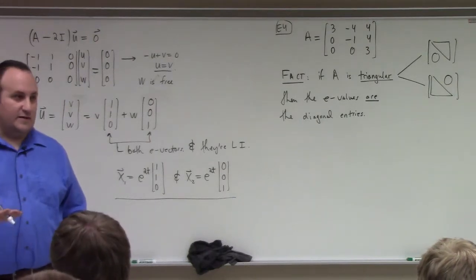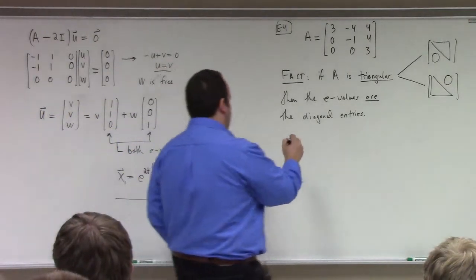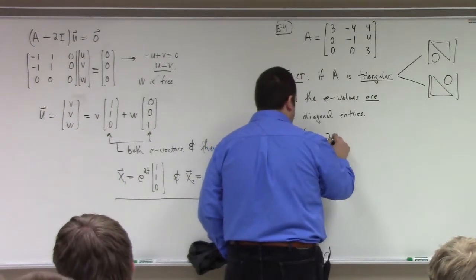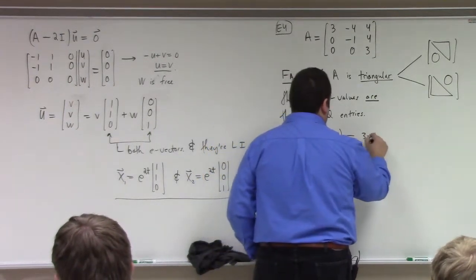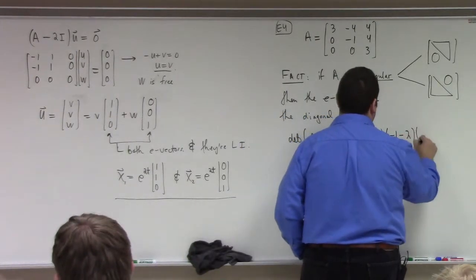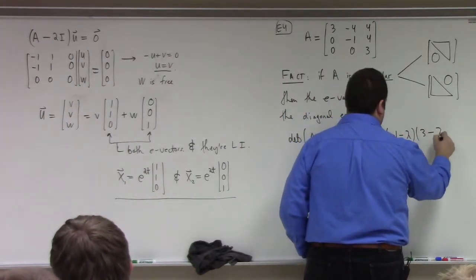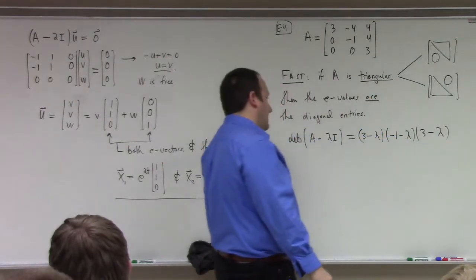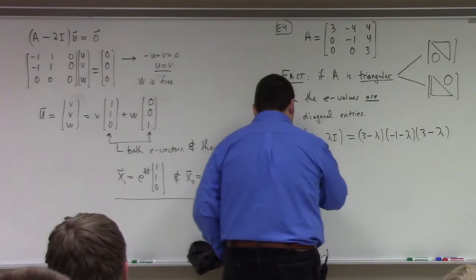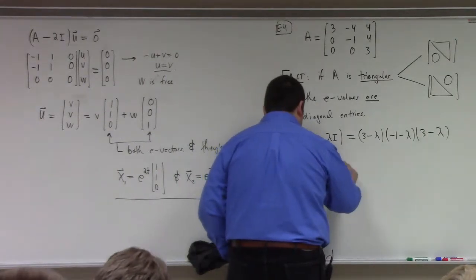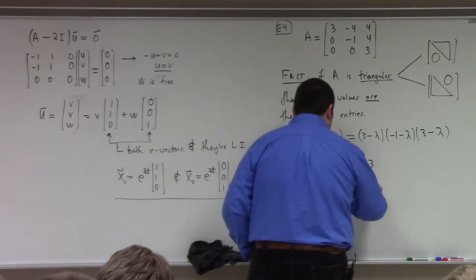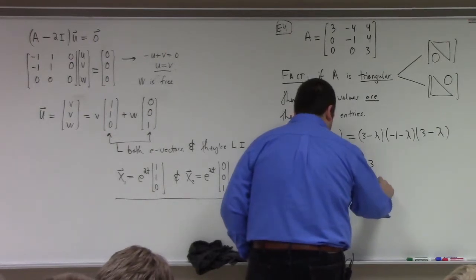So it's almost immediately obvious from the characteristic equation. Anyway, the point is, we have lambda 1 equals minus 1, and lambda 2 equals 3, repeated. All right?